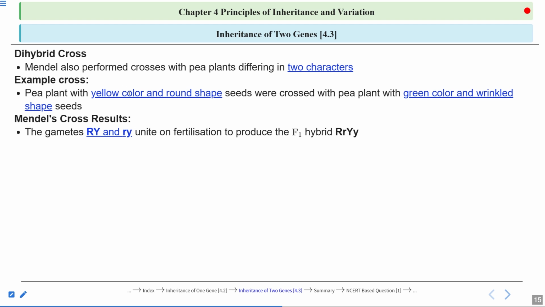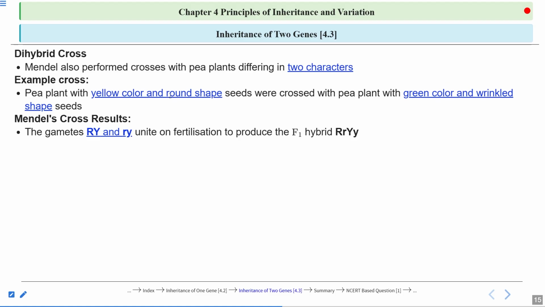Okay, clear? And these will be homozygous, pure breeding lines. So they will be homozygous for a particular trait. Mendel always crossed pure breeding lines or true breeding lines, which were made by self-pollination, by repeated selfing. So these are homozygous for the traits. One parent will be homozygous dominant, another parent will be homozygous recessive.